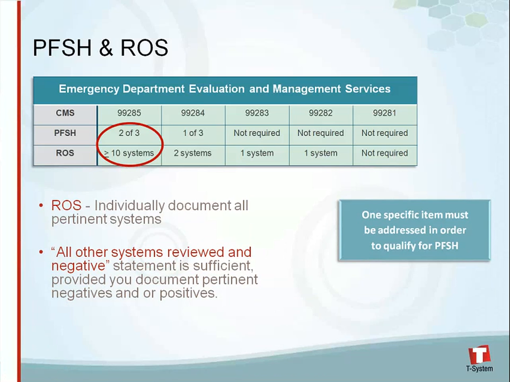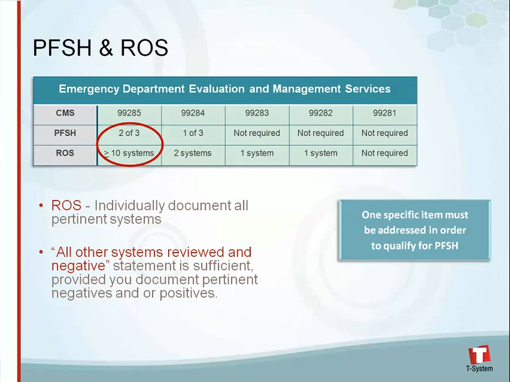And what that means is you've done a comprehensive review of systems. So in the CMS world, that means you've reviewed at least 10 systems. You document your pertinent positives and negatives, and then you can state all other systems reviewed and negative instead of individually documenting every system. So it gives you a little break there on having to go in and document everything individually.